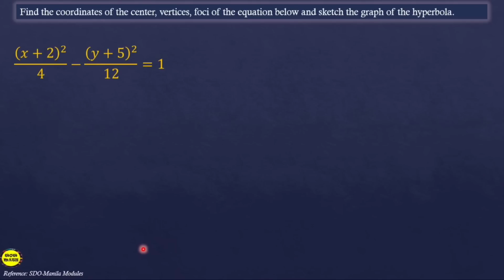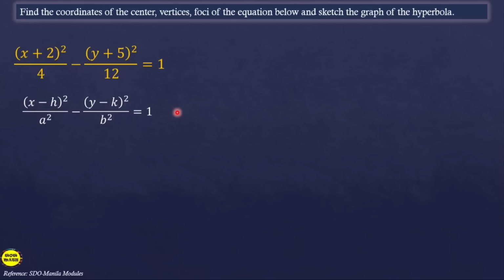Another example, (x plus 2) squared over 4 minus (y plus 5) squared over 12 is equal to 1. So, ito ay pattern ng (x minus h) squared over a squared, galing dito sa standard equation natin, minus (y minus k) squared over b squared is equal to 1.